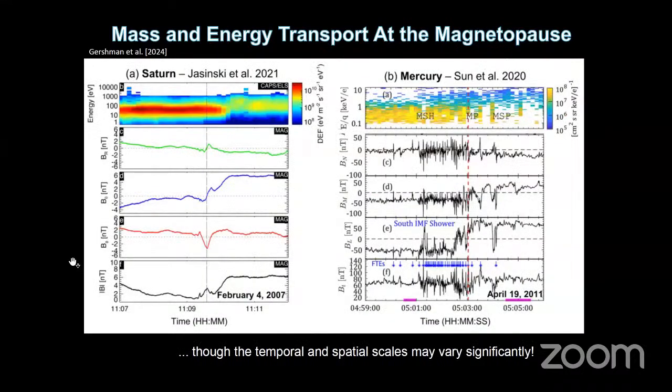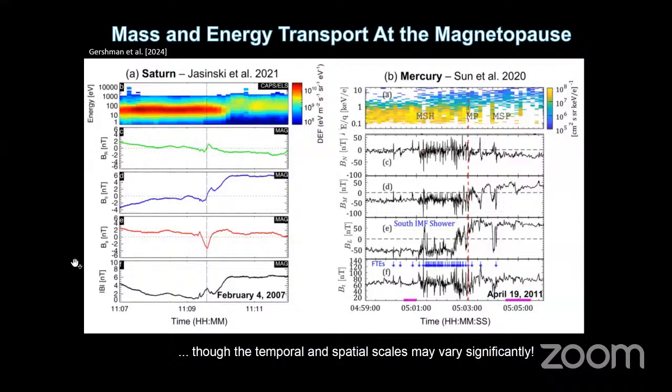And what I said is true, but you could also get some subtleties at different planets. For example, flux transfer events just look different depending on where you are. At Saturn, here's an example from Jimmy Jasinski, where he sees an FTE at the magnetopause, where it's this nice large-scale flux rope.